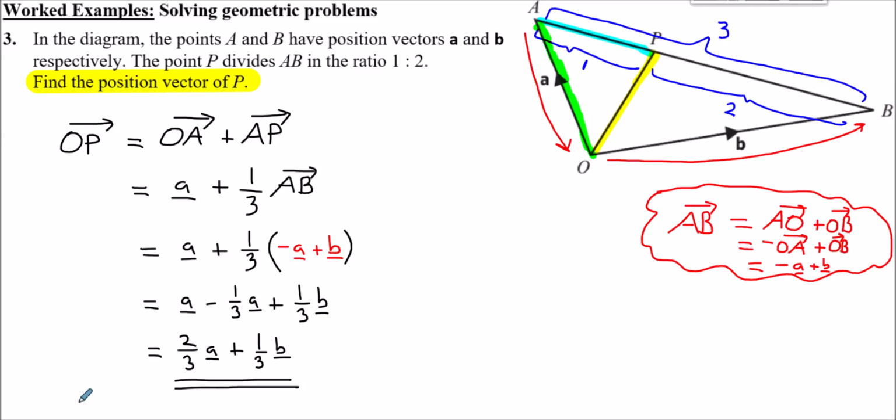If you wanted to, by the way, this is completely optional. You could have factorised out the 1/3 and called it 2A plus B.